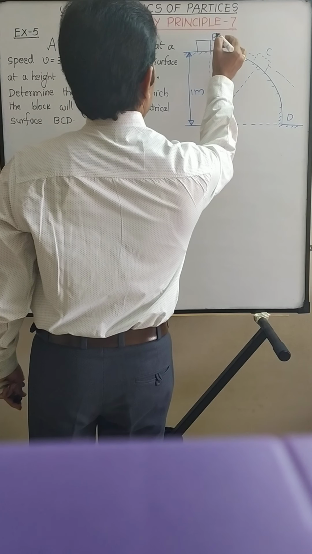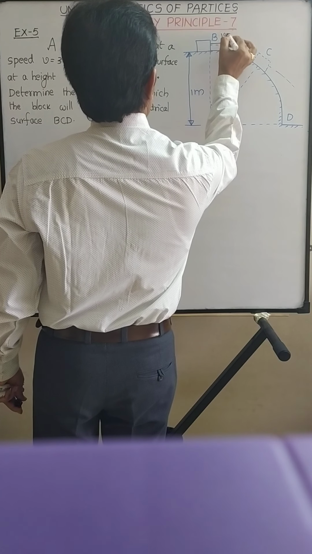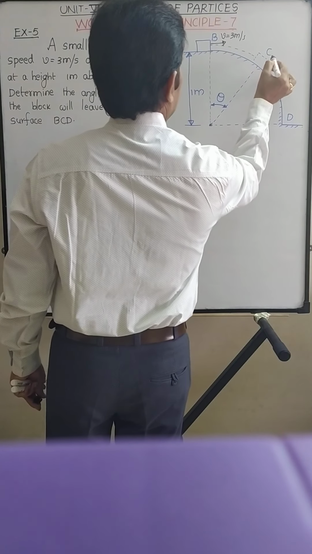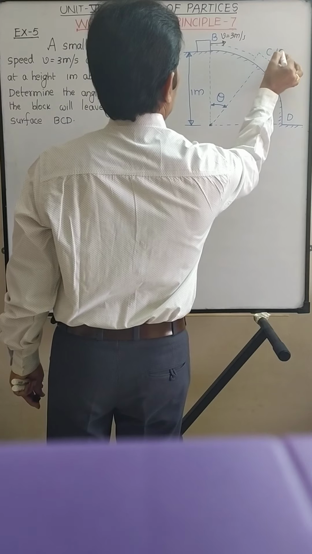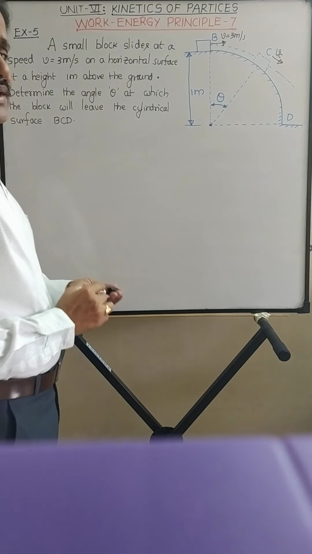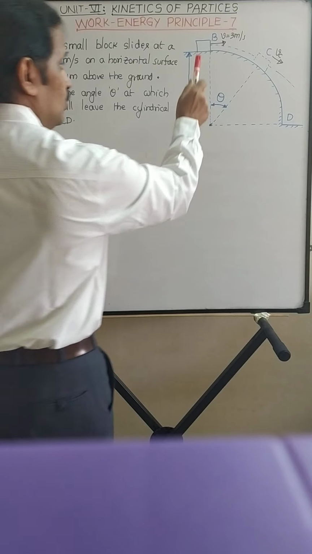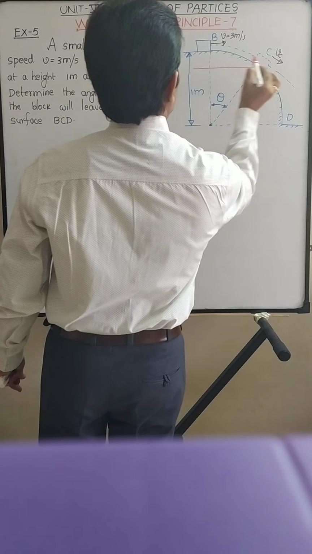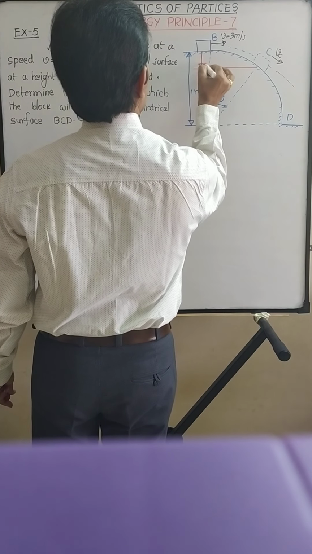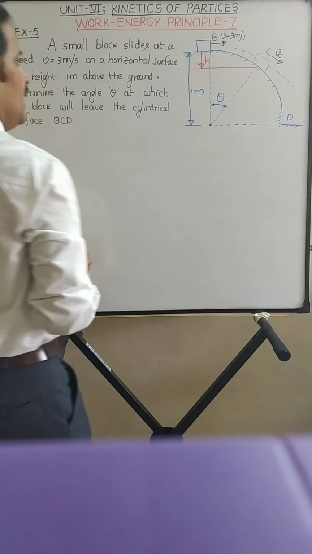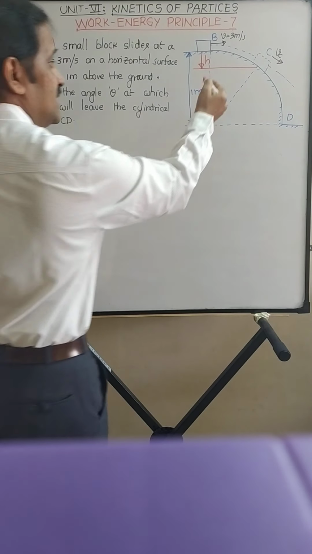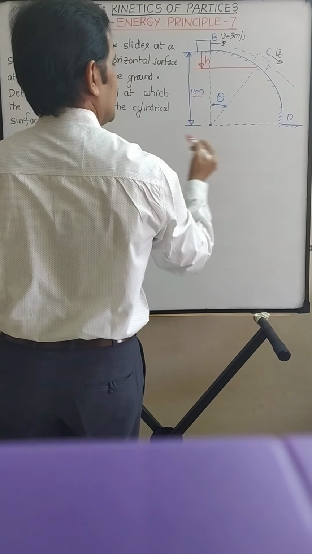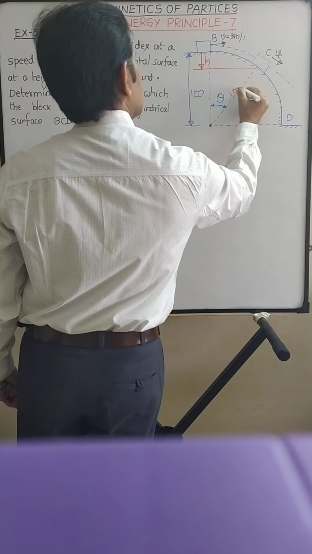So at B, it is moving with velocity 3 meters per second. At C, let the velocity of the block be Vc. When it is moving from B to C, it is undergoing a downward vertical displacement, say h. It is given this height is 1 meter, so the radius of the cylindrical surface is 1 meter.